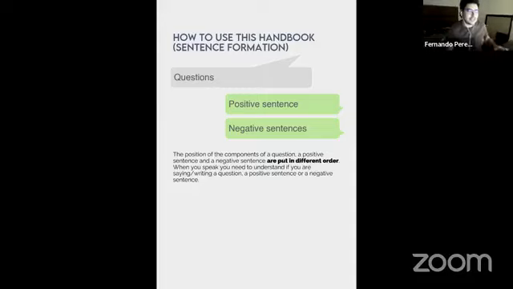The correct position is that questions need an auxiliary to help the listener with context. Parenthesis, the context, the auxiliary is the context.